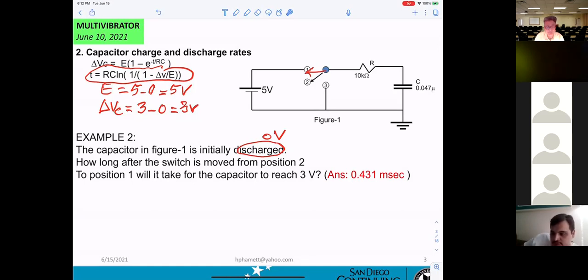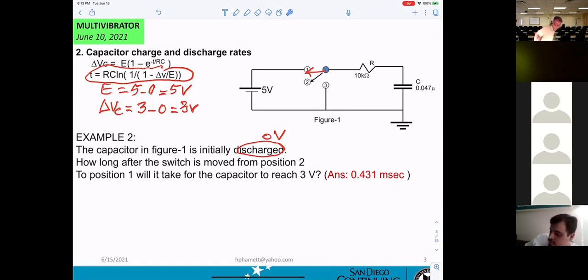You mean the capital E has nothing to do with the 3 volts? What's the definition of E? That is the difference between the initial voltage and the voltage it tries to reach, not the voltage it already got to. Oh, yes. Okay, I see my mistake now. Thank you.